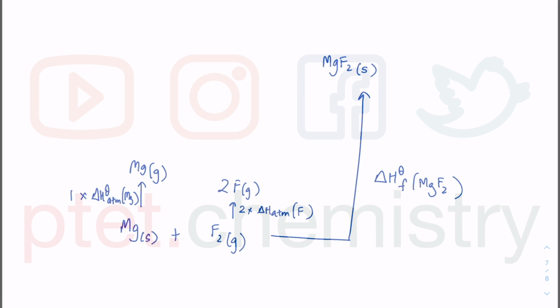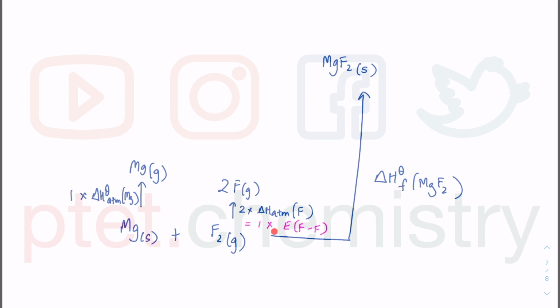Alright, but since both of these are in the gaseous state and you are not actually given the enthalpy of atomization of fluorine, instead you're supposed to use the data booklet, and this is equal to 1 times the energy of the F-F single bond, because with everything in the gaseous state, I'm breaking 1 mole of the covalent bond.